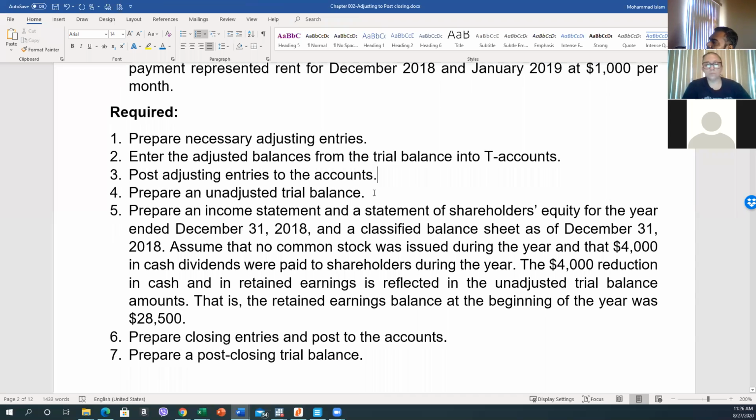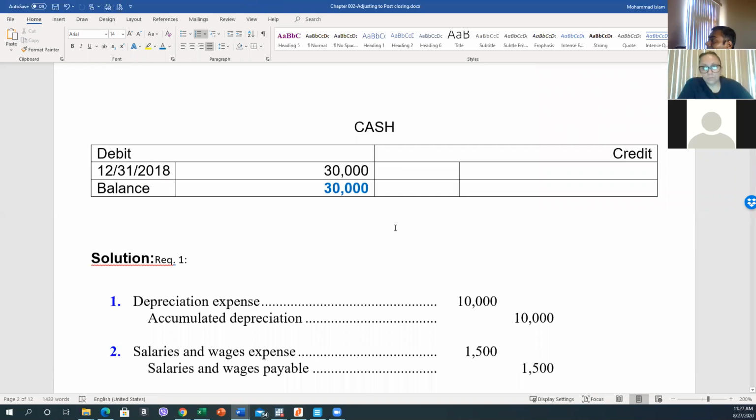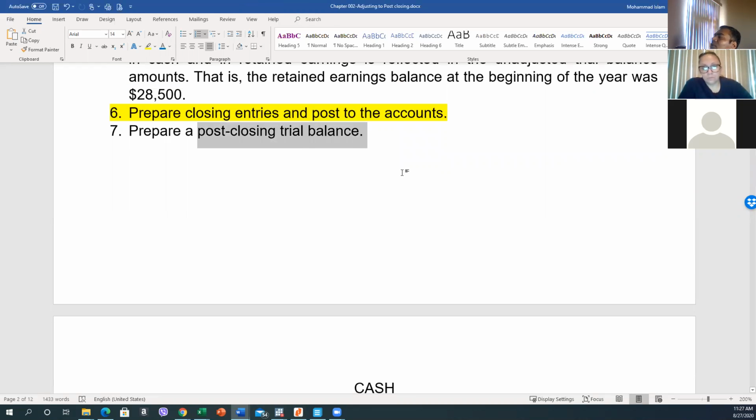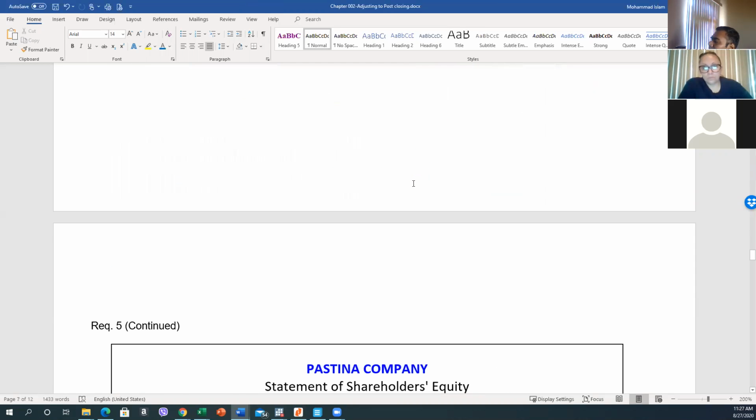Then we prepared the income statement and balance sheet, and now our task is to prepare the closing entries and post them to the accounts. After this, the temporary accounts will be closed, and then we will prepare the post-closing trial balance. Let me show you how to close the accounts.